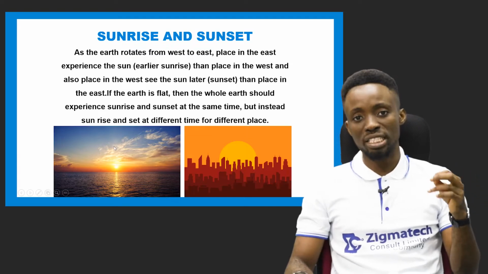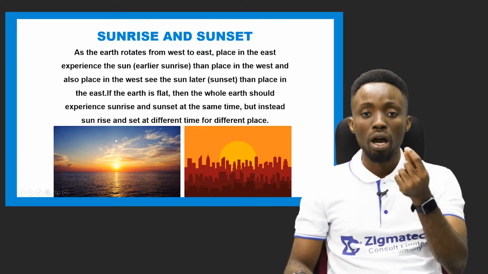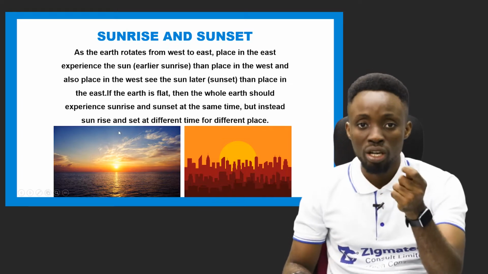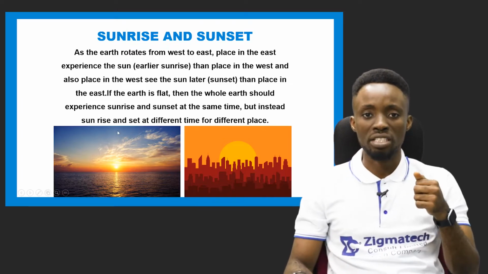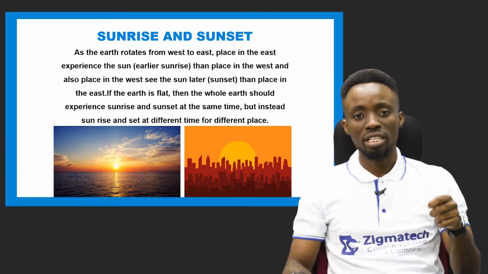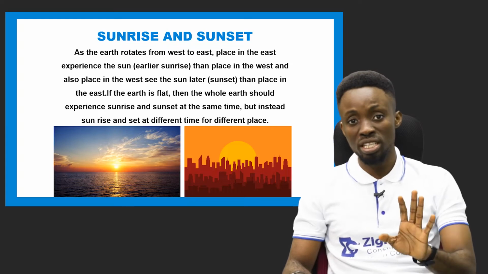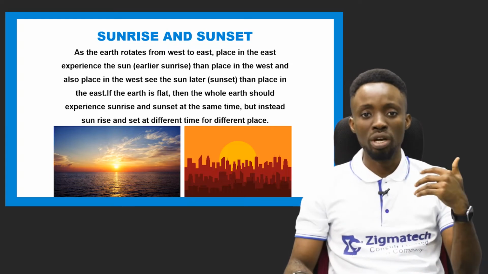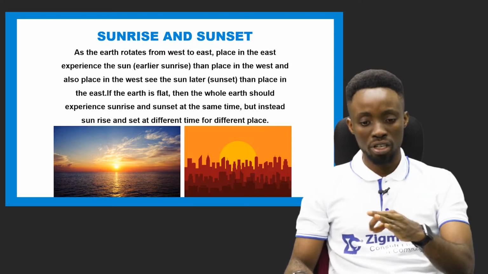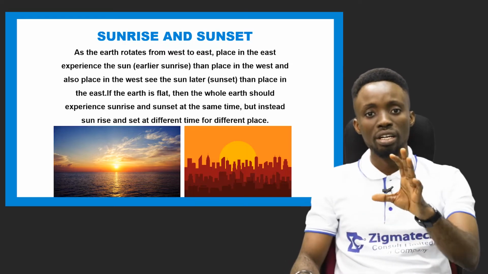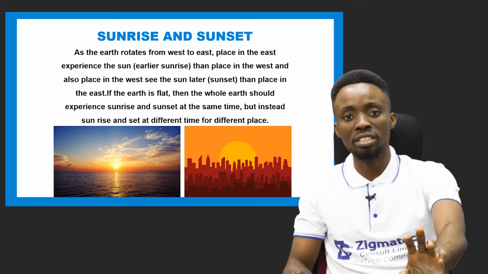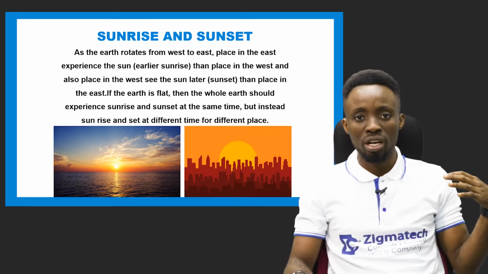Now, if the Earth is flat, everyone, be it people in the east or people in the west, will experience sunrise and sunset simultaneously. That's to say that people in the west and people in the east will see when the sun is coming up, and when the sun is going down. But we have an Earth where sunrise is seen majorly by people in the east, while sunset is experienced by people in the west.